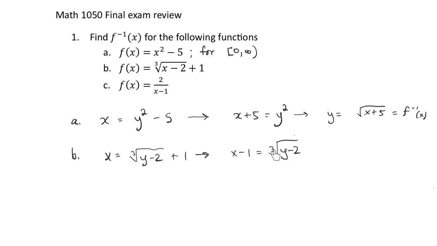Now we need to get rid of this cube root here, so we can use an exponent of 3 on both sides. So x minus 1 is going to have a parenthesis, and then it's going to be raised to the third power. And then finally, we can add the 2 to the side.